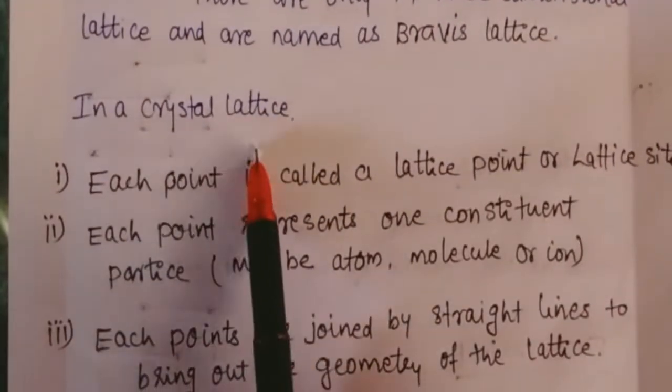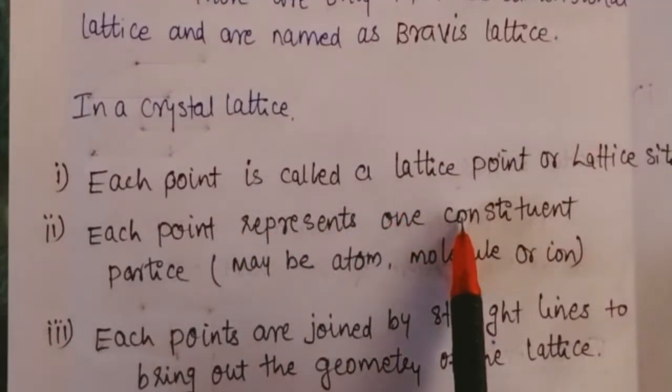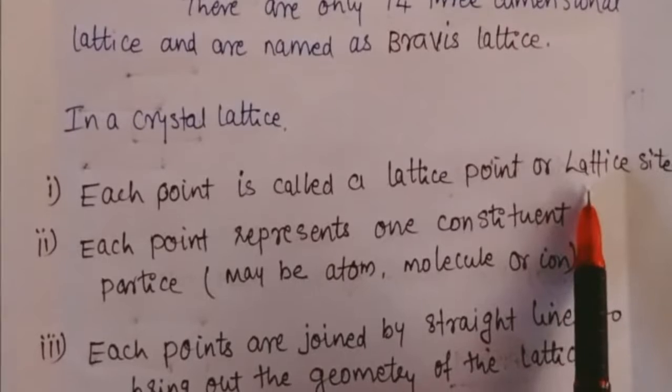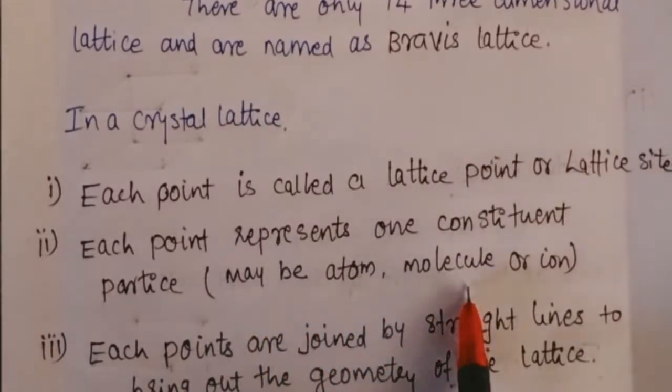In a crystal lattice, each point is called a lattice point or a lattice site. Each point represents one constituent particle. It may be an atom, molecule or ion, and the points are joined by straight lines to bring out the geometry of the lattice.